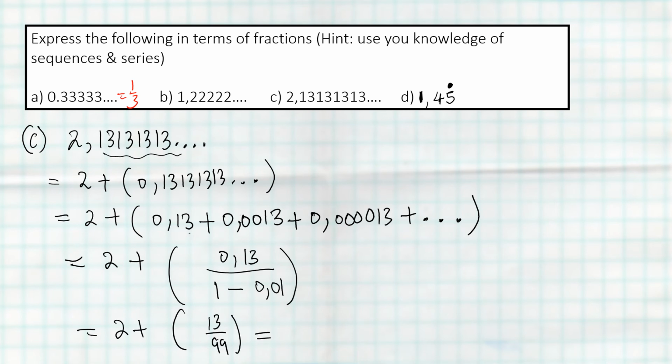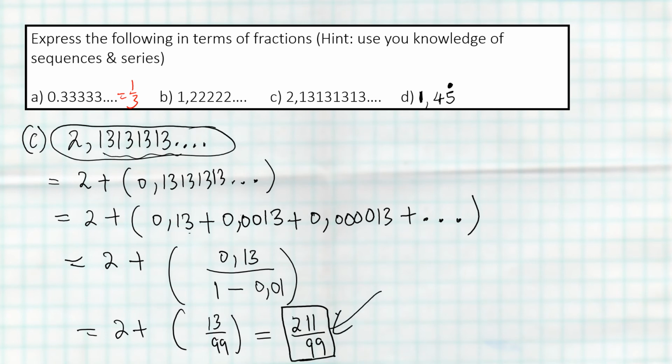Then I'm going to add that to 2, which gives me 211 over 99. In other words, if you express this in terms of a fraction, it must be 211 over 99. And when you punch it on your calculator, it should give you this decimal, 2.13131313, like that. Okay, let's quickly go to the last one, D.